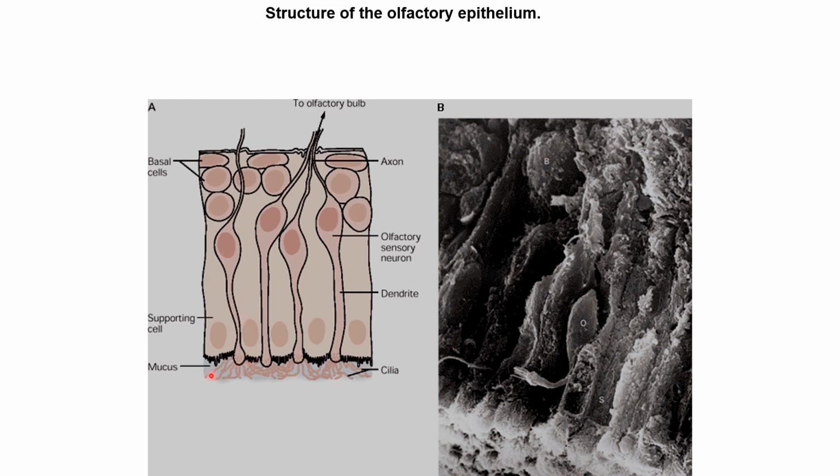The cilia of the olfactory sensory neurons are immersed in a mucus. So odorant molecules that come in through the air that we breathe in get dissolved in the mucus, and they can then either diffuse to the cilia and bind to the odorant receptors, or there are also some specialized types of proteins known as odorant binding proteins that are present in the mucus.